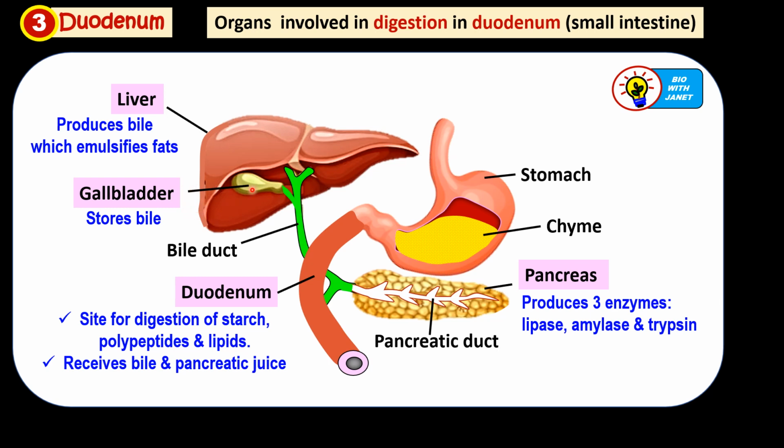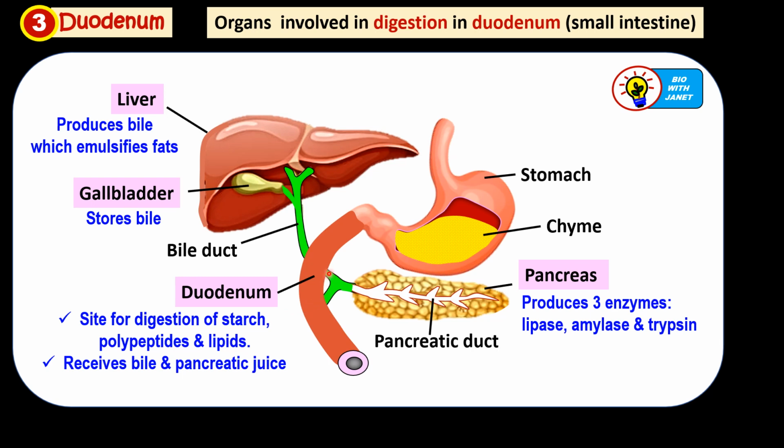The gallbladder will secrete the bile into the bile duct and into the duodenum. It will flow into the duodenum when there is food in the duodenum. Next, another organ that helps in the process of digestion in the duodenum is the pancreas. The pancreas produces 3 important enzymes, which are lipase, amylase, and trypsin, to digest lipids, starch, and polypeptides, respectively.